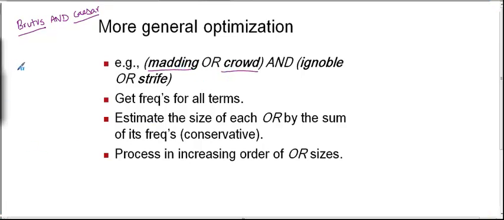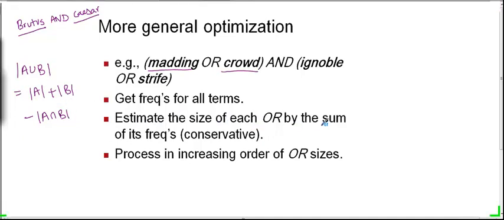So this is the familiar set union formula, where the size of the set A union B is equal to the size of A plus the size of B minus the size of A intersection B. So one heuristic that we could use to estimate the size of an OR term is to sum the lengths of the two lists which are being ORed.